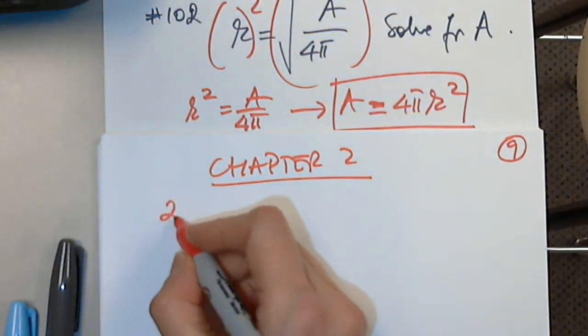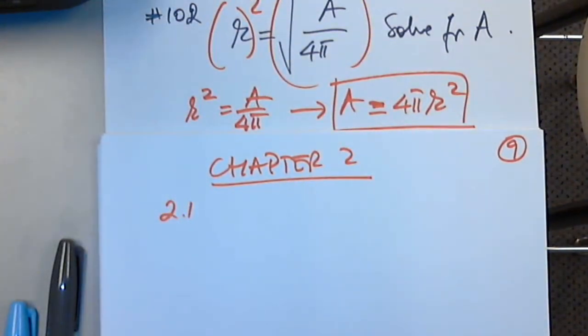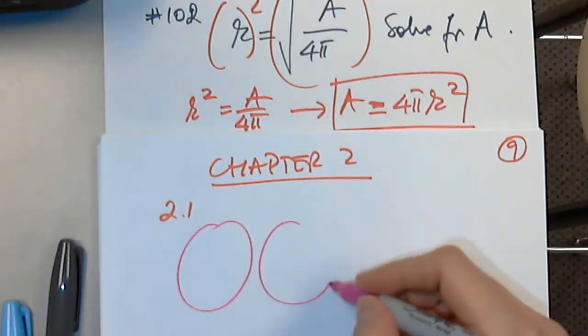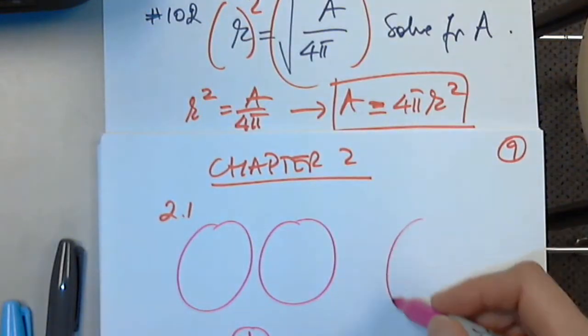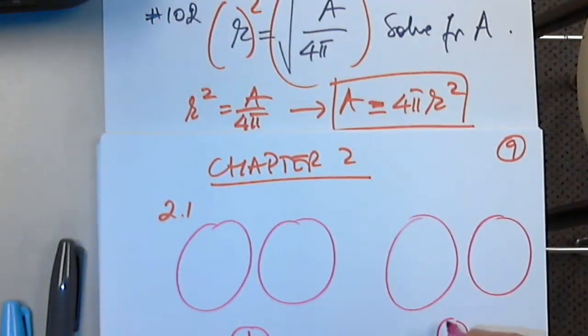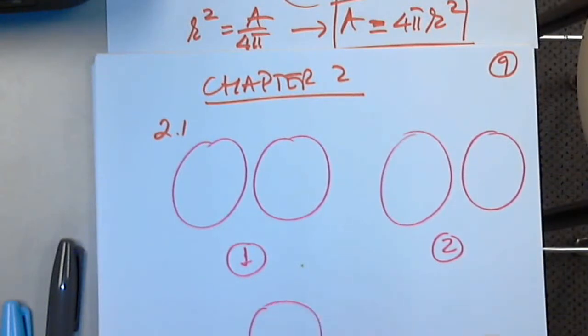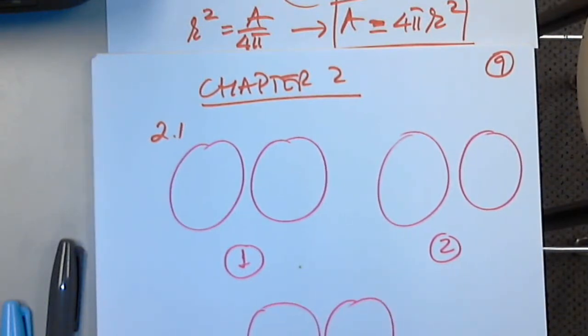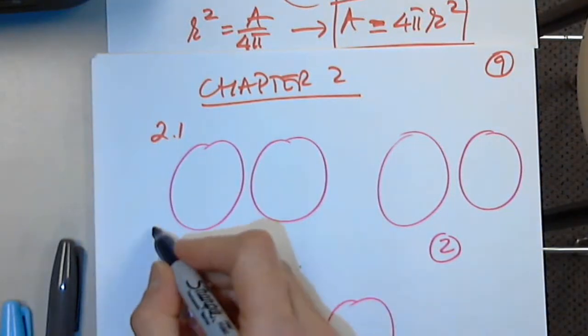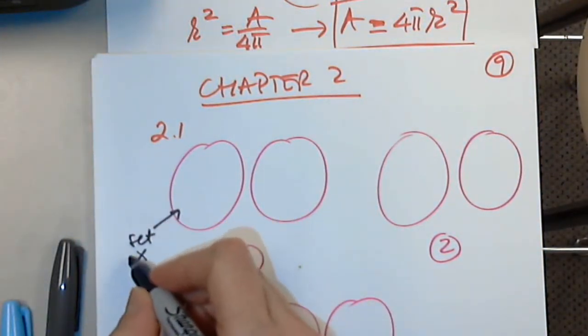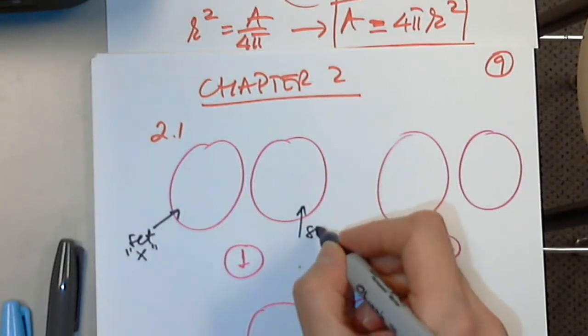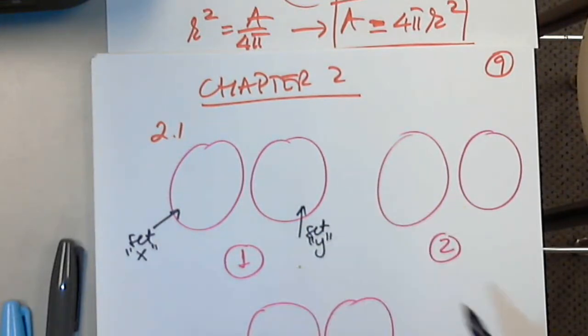So in 2.1, let's just refresh our memory on functions, just for a couple of minutes. So let's say I have scenario 1, I have scenario 2, and I have scenario 3. In this bubble, this is a set for x. And this is another set, but it's a set for y values. And the same for all three.